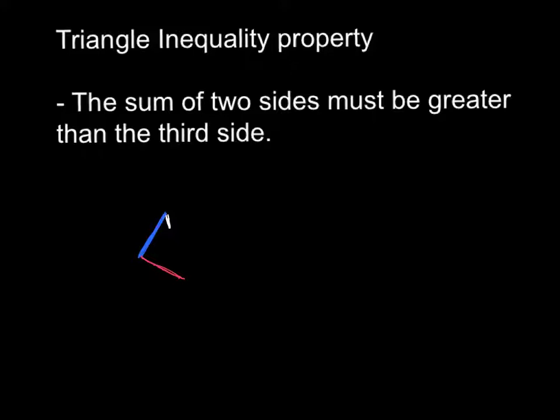Similarly, if I give you this distance, and I give you a piece that's exactly equivalent to it, there's no right place to go. There's no way for it to form a peak. So if I'm going to add two sides together, it always has to be greater than the third side.